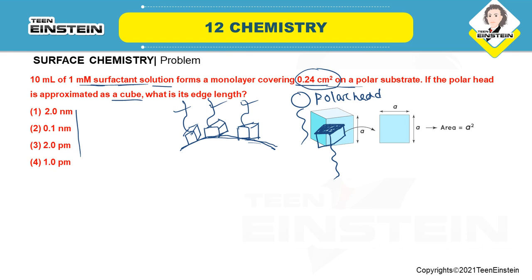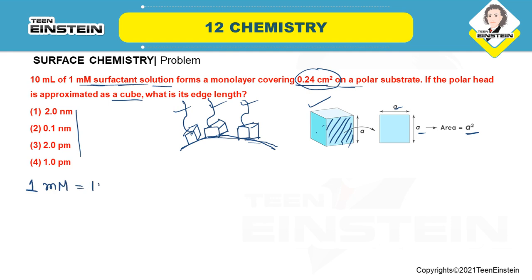Now look at this picture. This is a cube, okay, but we need the area of only one face, and as it is a cube, the edges are all the same, so the area formula for this square is a square. Now first we will find out the total number of surfactant molecules. 1 millimolar will be equal to 10 to the power minus 3 molar.